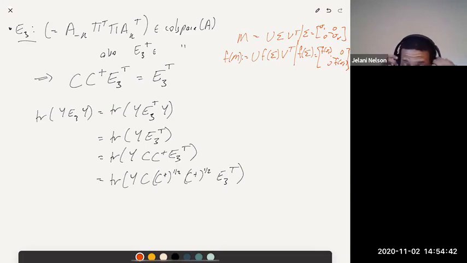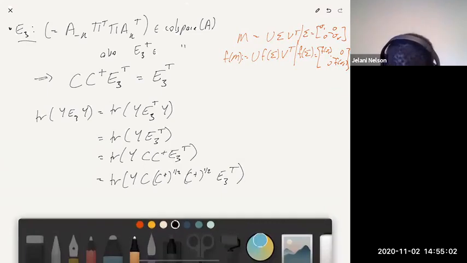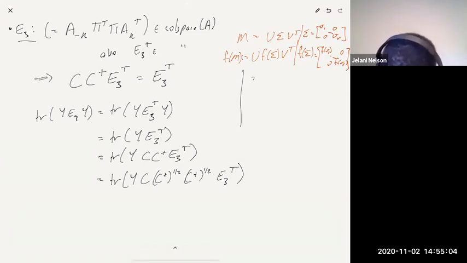Okay. Now, what do I know about C? C is a real symmetric matrix, right? In fact, it's PSD. Because it's real symmetric, by the spectral theorem, I can write C as, well, first of all, we already know what C is. Notice that C is equal to A A transpose, which if you expand out, A is U sigma V transpose.